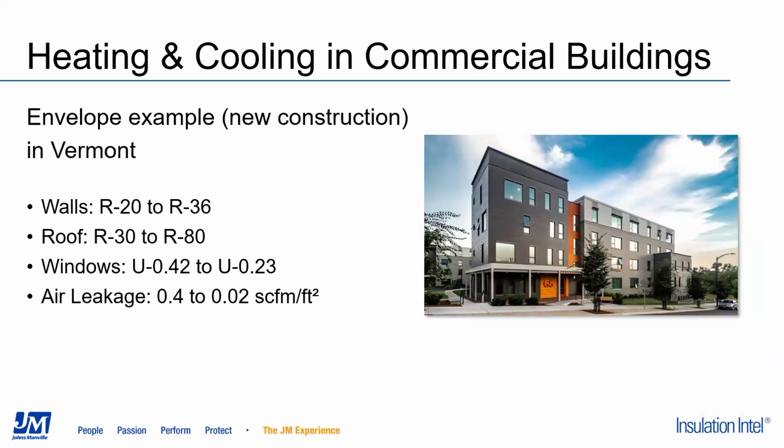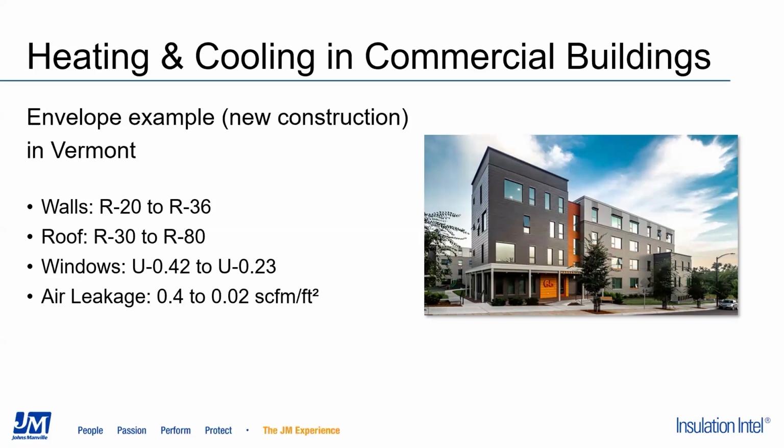And just to highlight that a little bit more, I've got an example of a new construction. This is a medium-sized apartment building that was done in Vermont a few years ago, where they really took this seriously. They upgraded the insulation in the walls and the roof a bunch, up to R36, R80 in the roof. That's a lot of insulation.